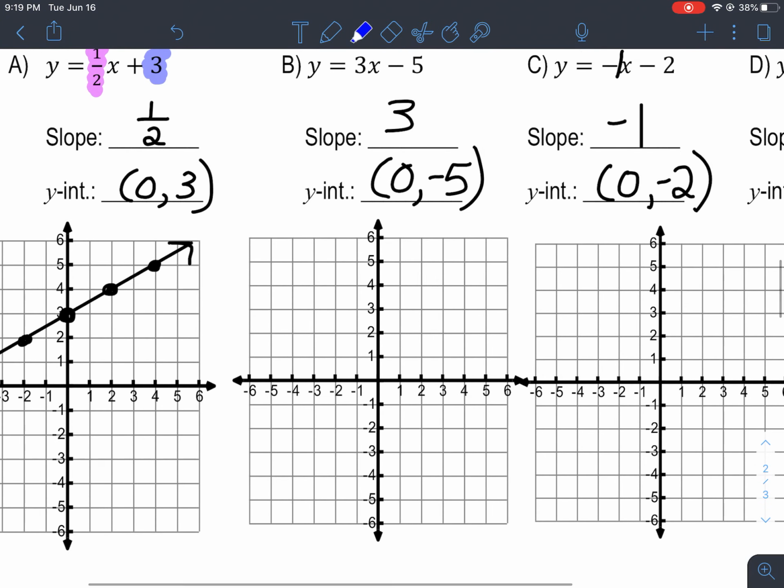Okay, now we can graph our lines. So B, you start at your y-intercept, 0, -5, and use your slope to generate more points on the line. So slope of 3 is the same as 3 over 1. So rise 3 over 1.